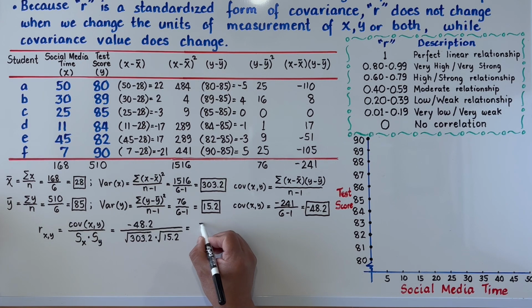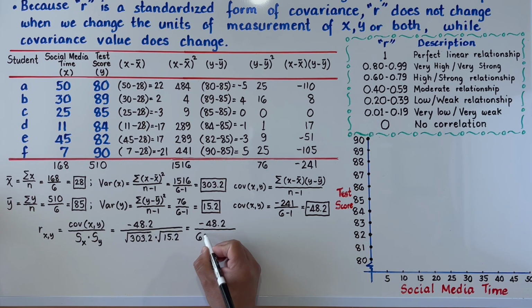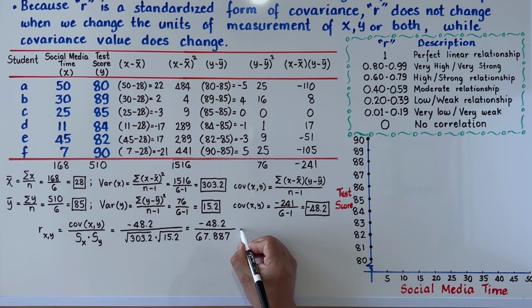So we have negative 48.2 divided by the product of these two numbers, and the product is 67.887.